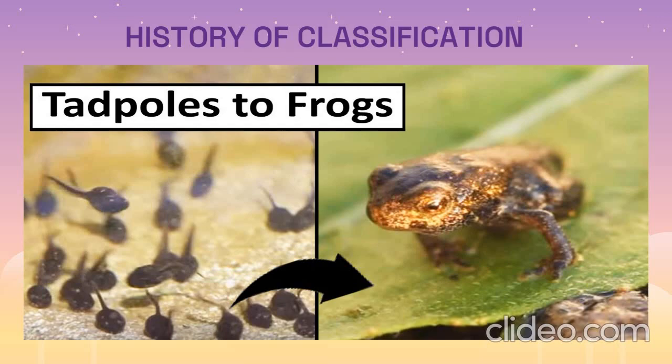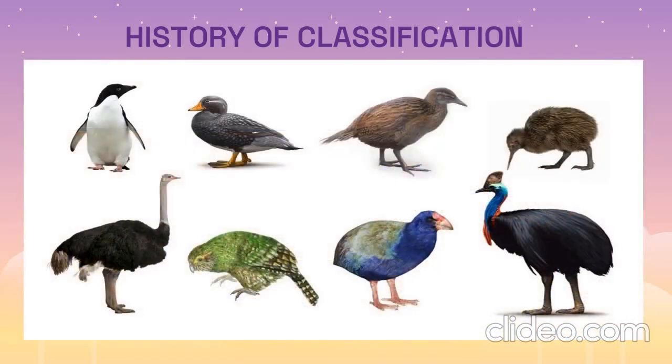And one more example we can see. Here I have described a few birds which could not fly, for example penguin, ostrich, kiwi, etc. We have already seen Aristotle's classification: the organisms that could fly are aerial animals, and most birds that can fly are aerial animals whose mode of locomotion is flying.